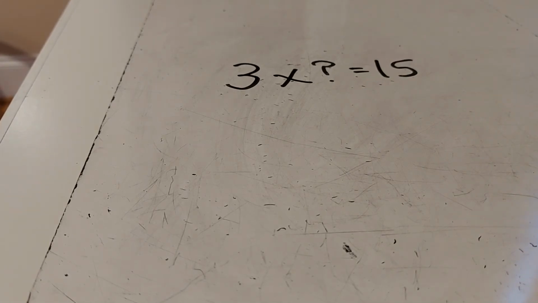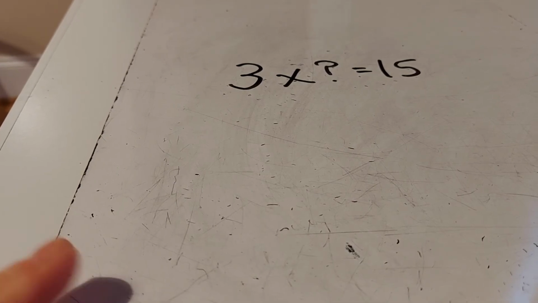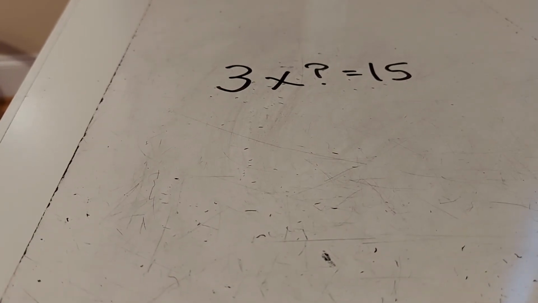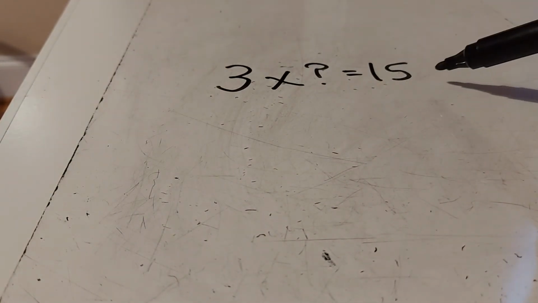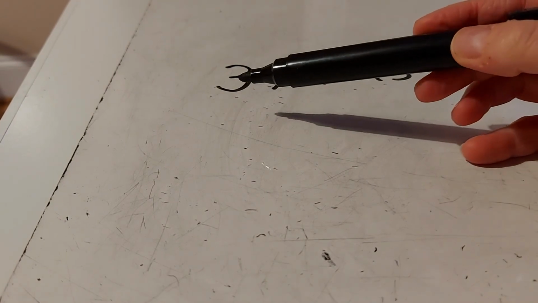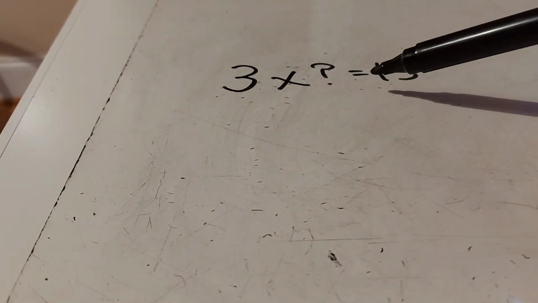And again, some of you who know your tables and are familiar with them might know the answer already. Okay, it is very important to practice your tables. They are useful in so many areas of mathematics. So how can you do this using arrays? Well, if we know that it means 3 times what equals 15, it means 3 lots of something equals 15.